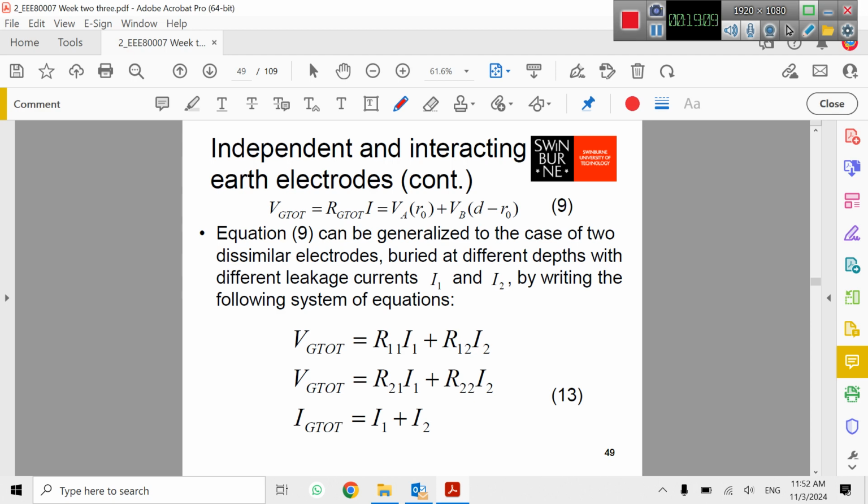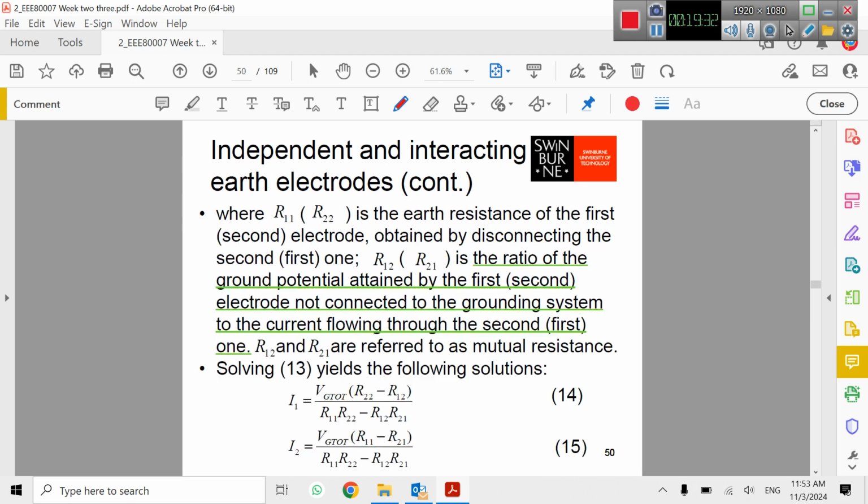And VG total number 2 is the effect of number 1 on the number 2 resistance, and the own one, meaning the Thevenin one, and the I total of course is current 1 and current 2.